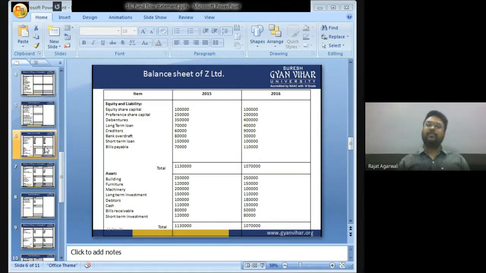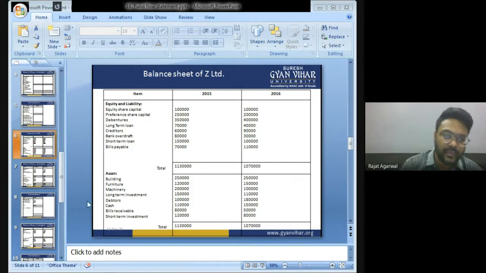Preference share capital was 2,50,000. Now it is only 2 lakh. It means we have repaid preference share capital of 50,000. If we repay, the fund will go.